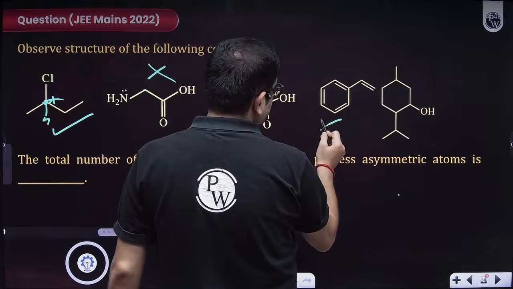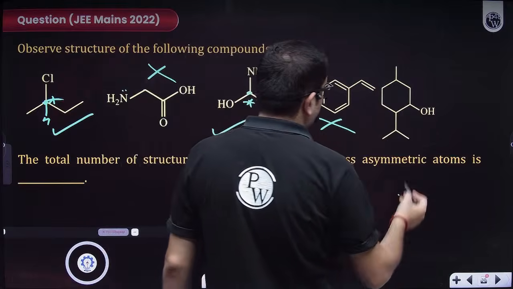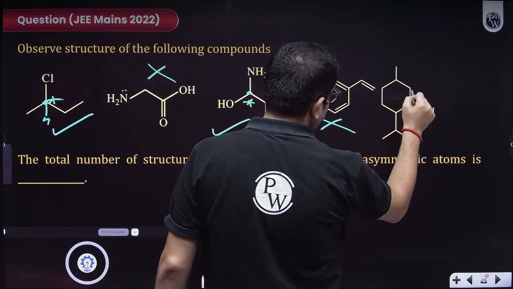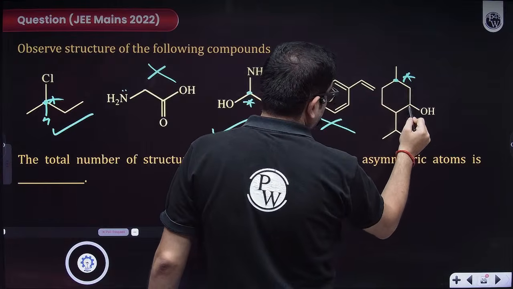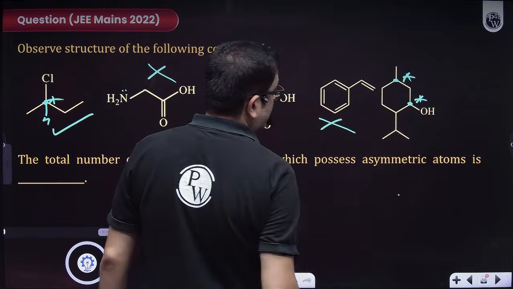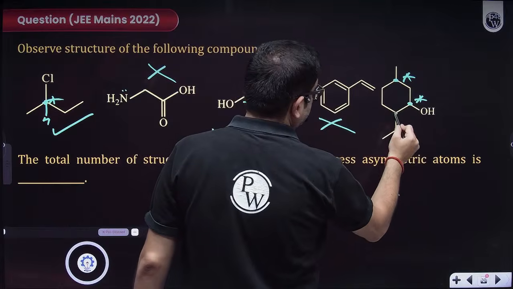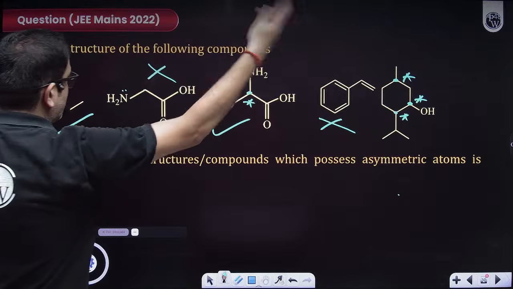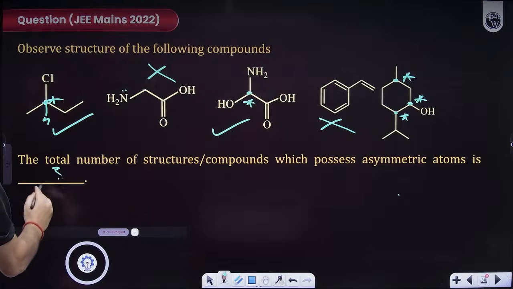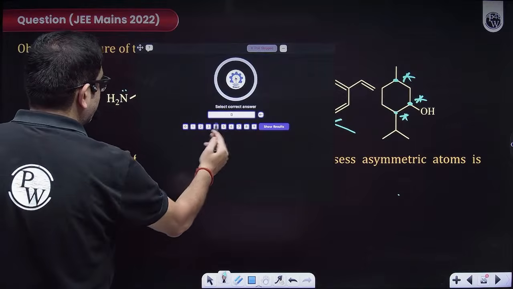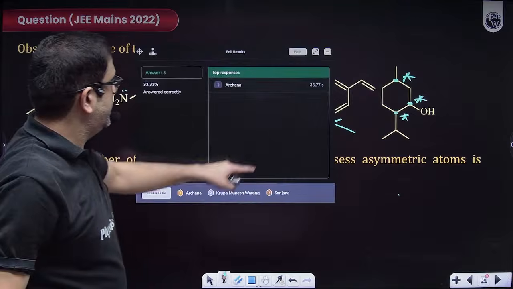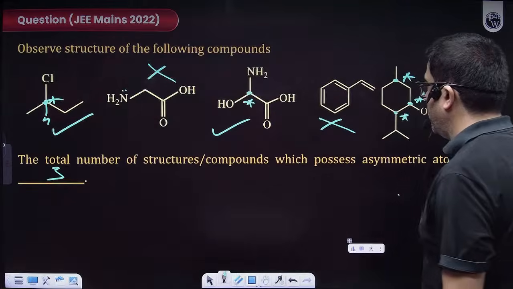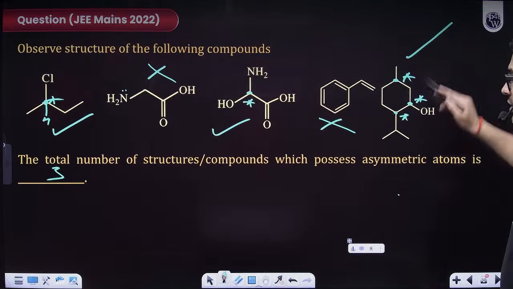Obviously, this has all planar species. Some methyl, this is chiral. 1, 2, 3. Although it has 3 centers, ultimately the chiral centers are also 3. Easy, sir. Mains is easy, sir. Yes, great. So I hope this will give some confidence also. So 1, 2, 3, na?